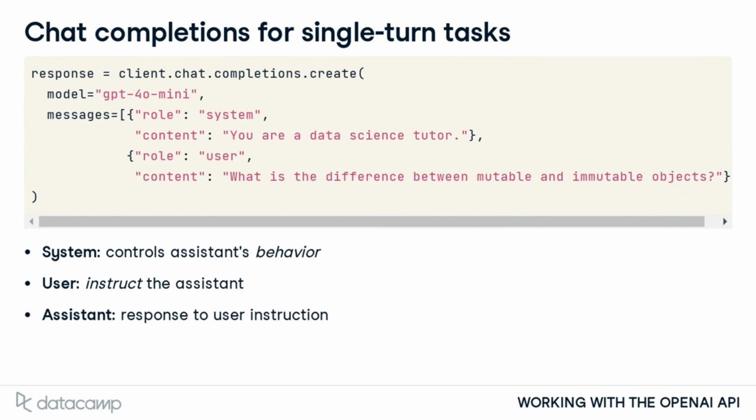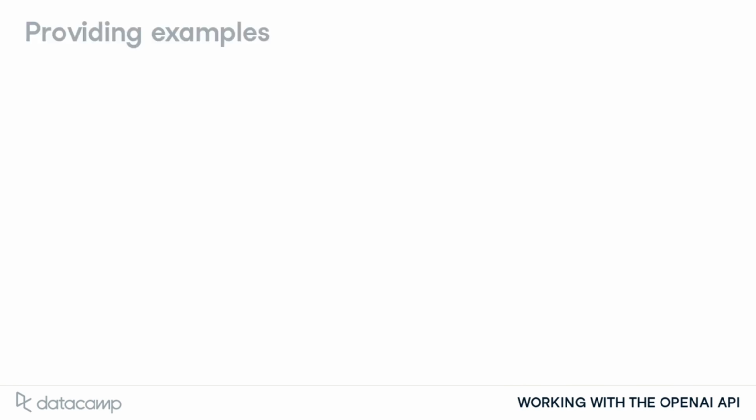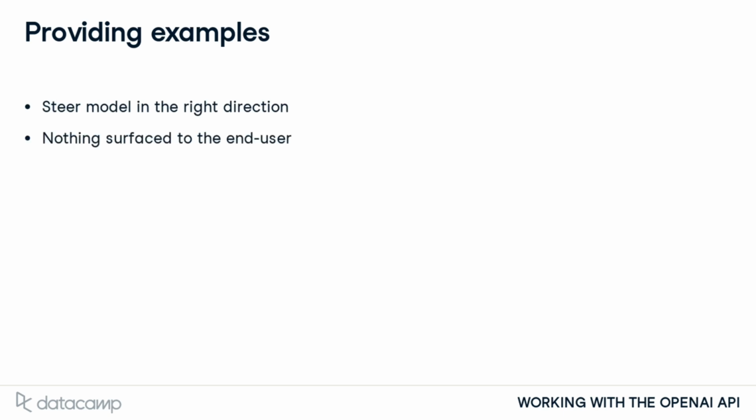For single-turn tasks, no content is sent to the assistant role. The model relies only on its existing knowledge, the behaviors sent to the system role, and the instruction from the user. Providing assistant messages can be a simple way for developers to steer the model in the right direction without having to surface anything to end users.